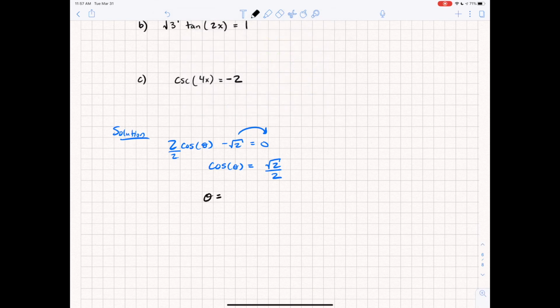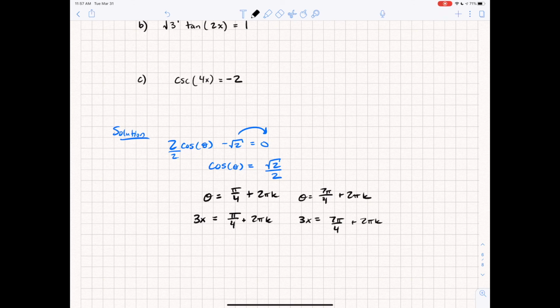Well, this occurs on the unit circle at pi over 4, and it occurs at 7 pi over 4. Whoops, sorry, 7 pi over 4. But not only that, it occurs at every 2 pi after that. But I'm not solving for theta, I'm solving for x. So I'm going to put 3x back in for theta, bringing down the right-hand side to both of these.